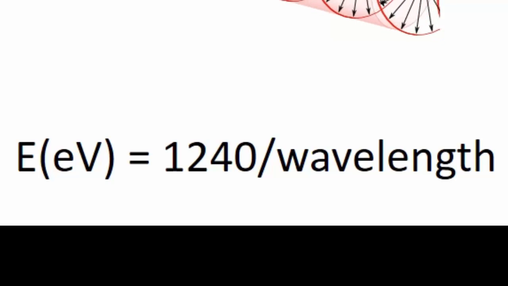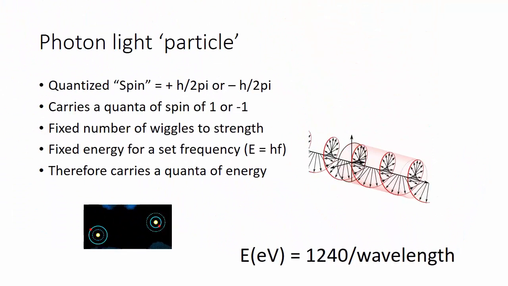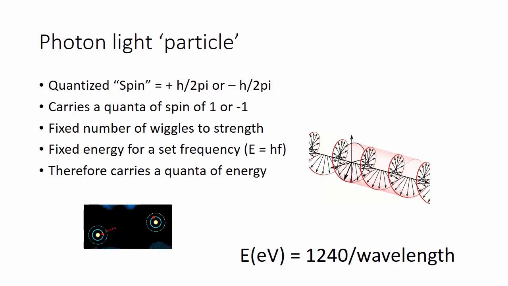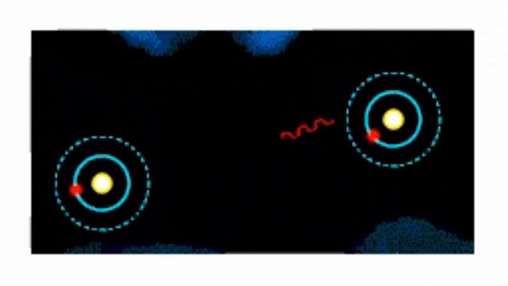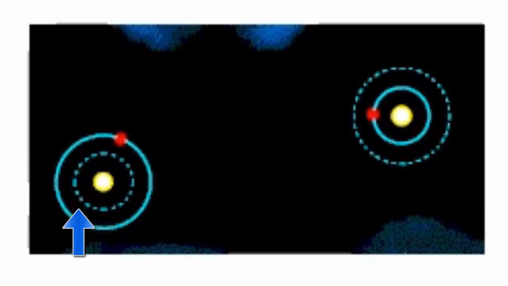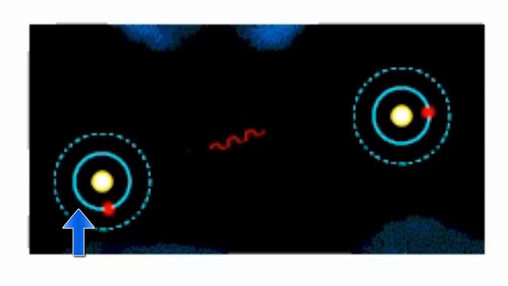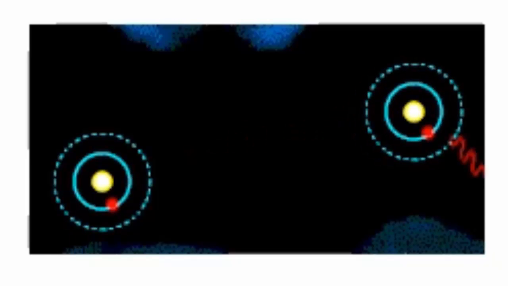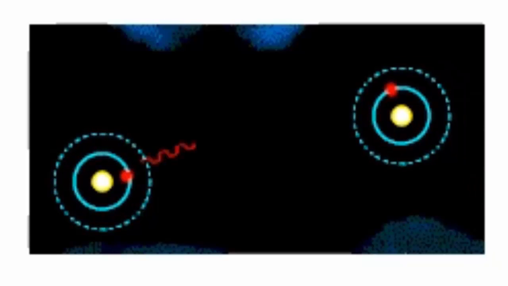Now we've got some pictures here. Over here we've got these 2 atoms, and they're pictured as classical atoms with the tiny electron orbiting the positive nucleus, and this electron goes from the outer shell to the inner shell, the left one, and emits a squiggly little red line, which is our photon, which is several wavelengths.